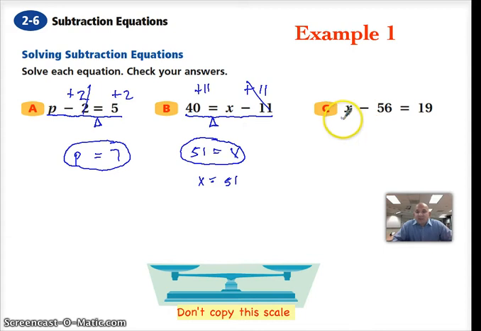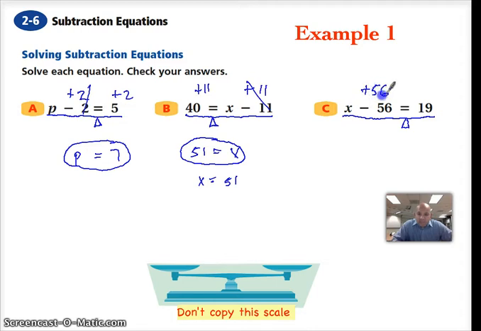Here we have yet another problem. Once again, we draw the scale underneath it. We know we need to get x all by itself. In order to get it by itself, we need to get rid of the subtract 56. In order to get rid of the subtract 56, we need to take the inverse operation, which is add 56.